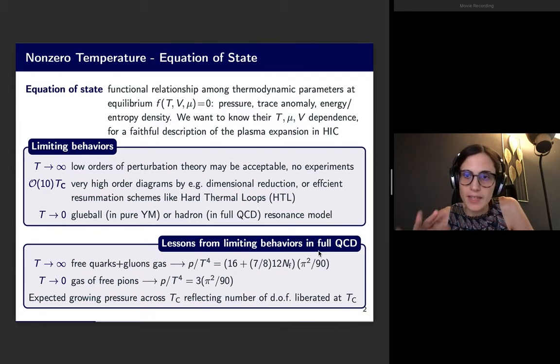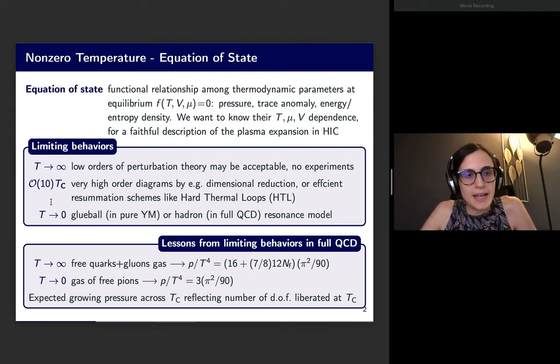At the order of 10 times the deconfinement temperature, we can also do something with analytic or perturbation theory based techniques. However, we need very high order diagrams that can be computed in a framework that takes into account dimensional reduction or efficient resummation schemes like the hard thermal loops, and only in that case is there some predictive power.